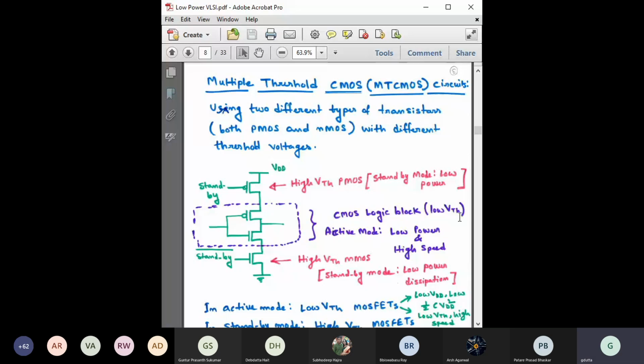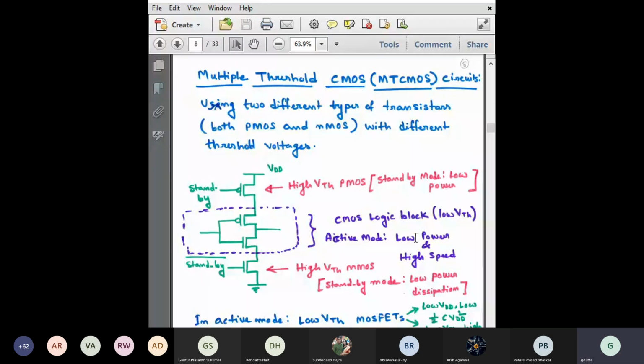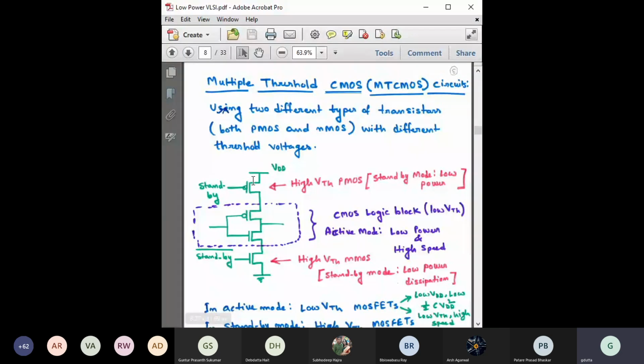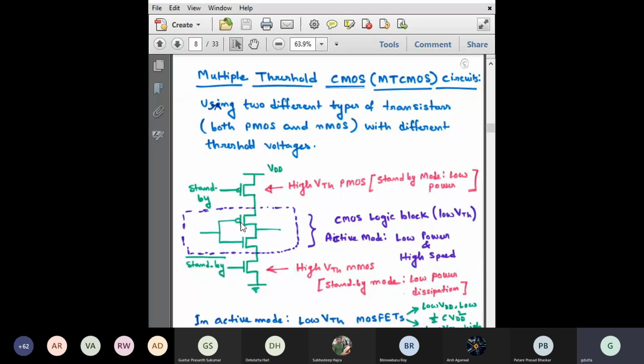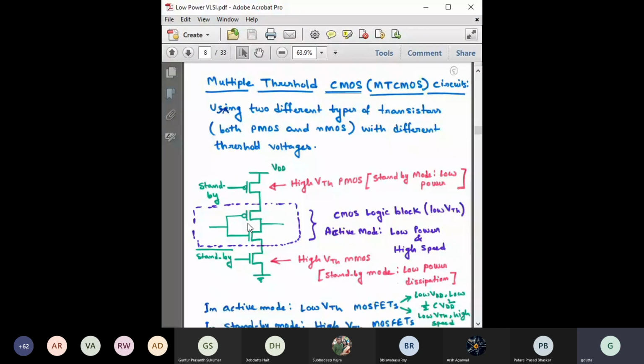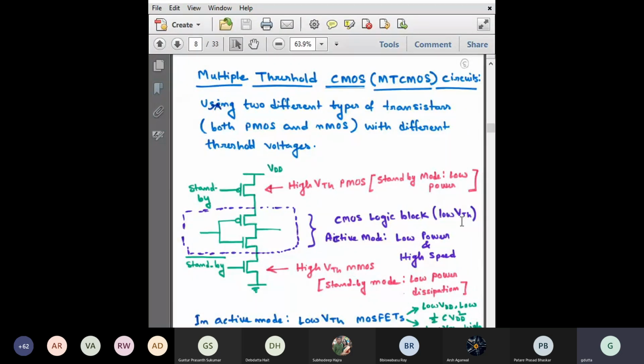So compared to the previous one, where you are changing the threshold voltage by using an external circuit, here we have two fixed transistors on the bottom and the top of this logic network, which will reduce the static power dissipation in standby mode, and the inner logic block, where we have used the low threshold, will increase the driving capability and reduce the delay.